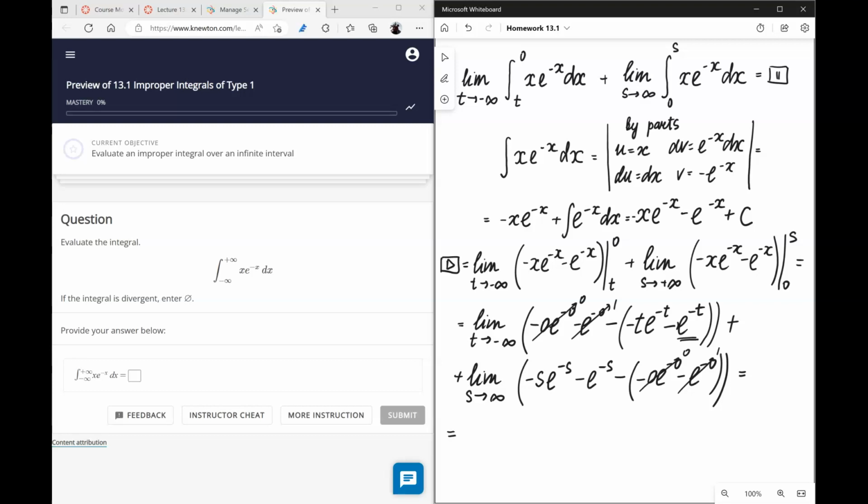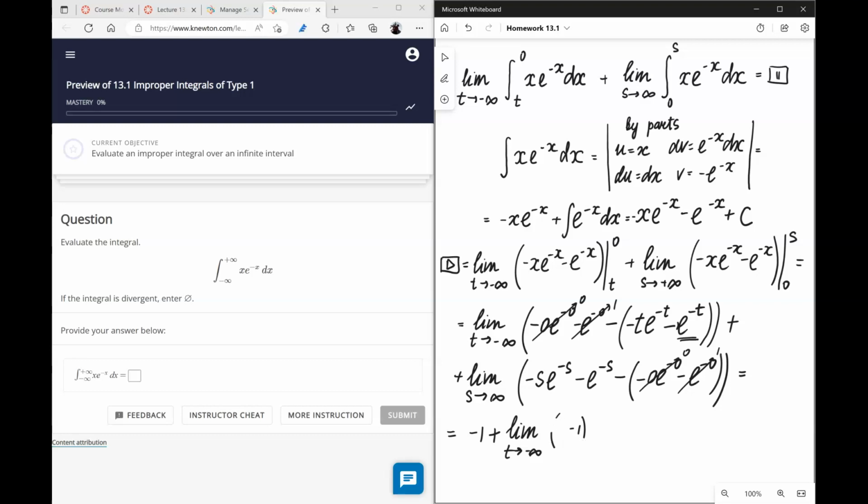So we have negative 0 minus 1, so we have negative 1. Let's distribute the negatives. So we have the limit as t goes to negative infinity, and we have t plus 1 times e to the power negative t.